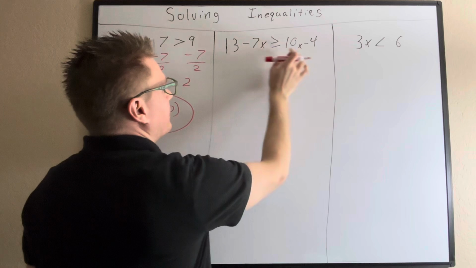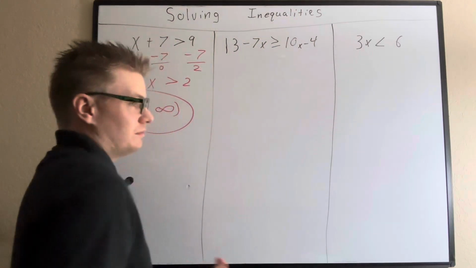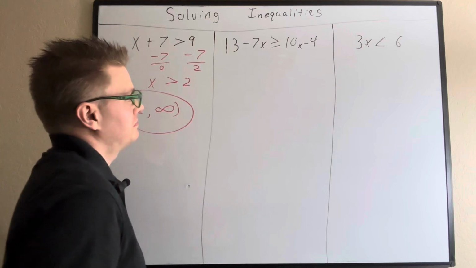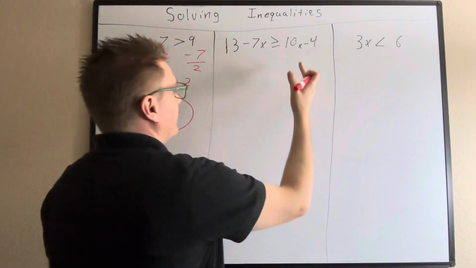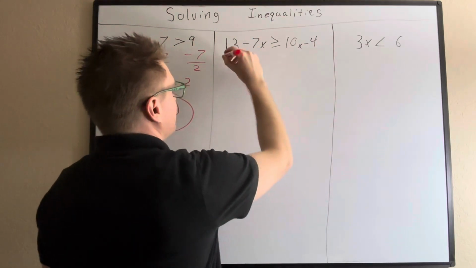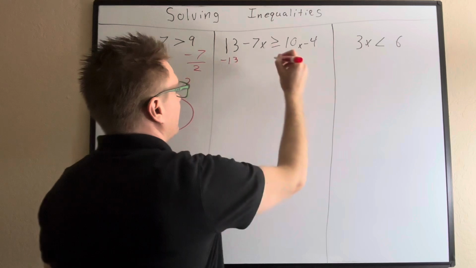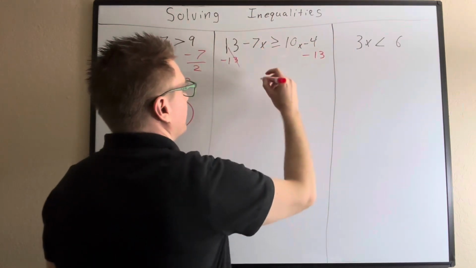Now, let's solve this one. We've got x on both sides here, and we've got an or-equal-to sign. But that doesn't change much. We want to get x by itself. Do we want it on the left or the right? That's your choice. Subtract 13 from both sides. That goes away.